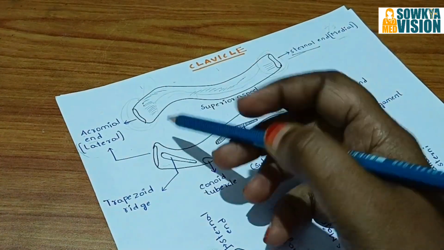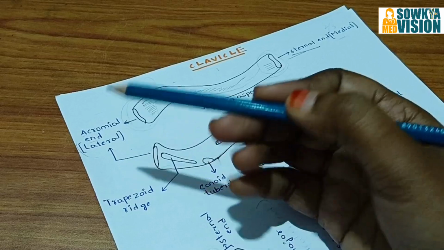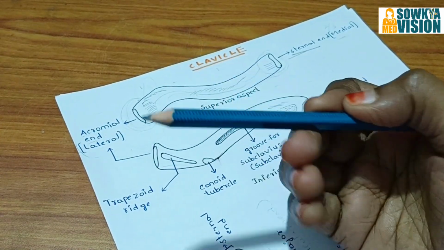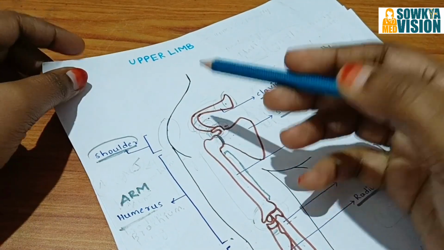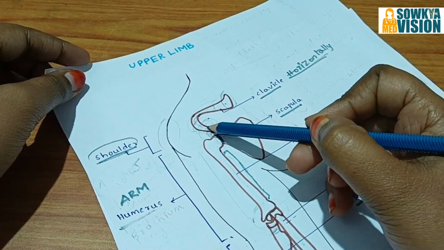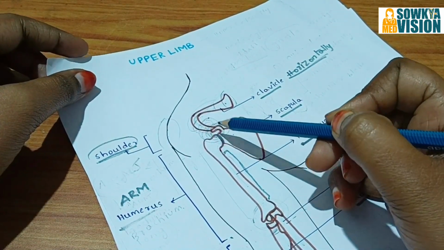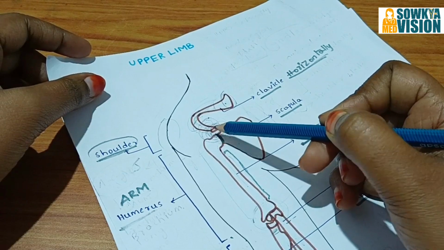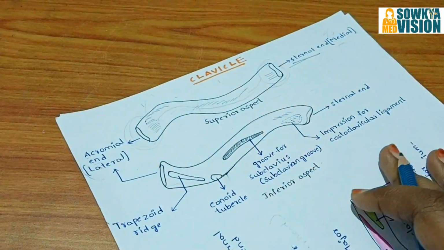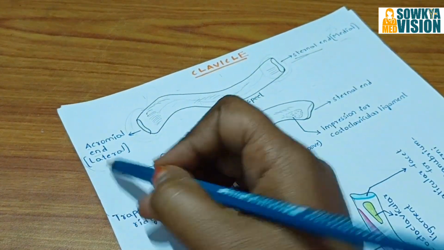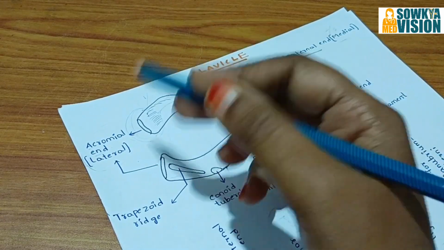And the lateral end is also known as the acromial end. Why? The lateral end of the clavicle is articulated with the acromion process of the scapula, forming what? The acromioclavicular joint. Hence it is called the acromial end.